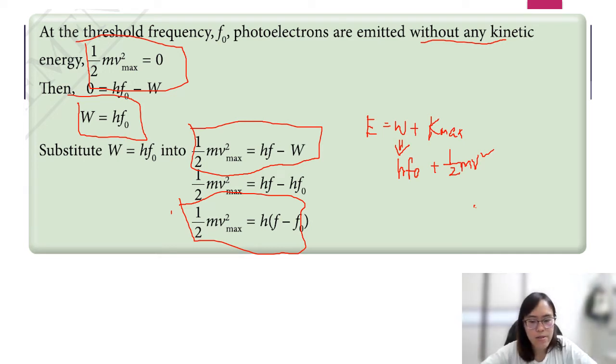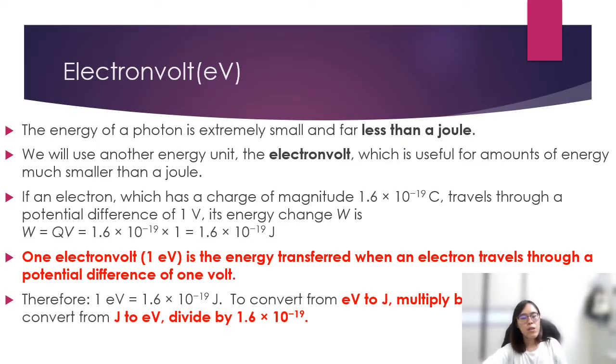So next, the photon energy we just discussed is measured or calculated in the unit of joule. But photon energy can also be calculated using the unit we call the electron volt.